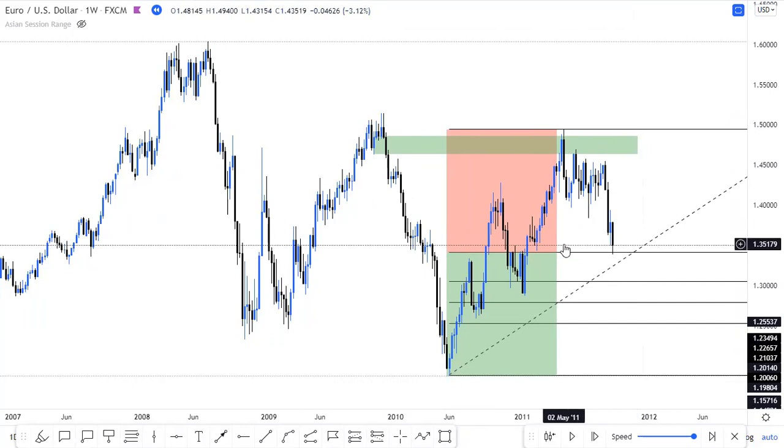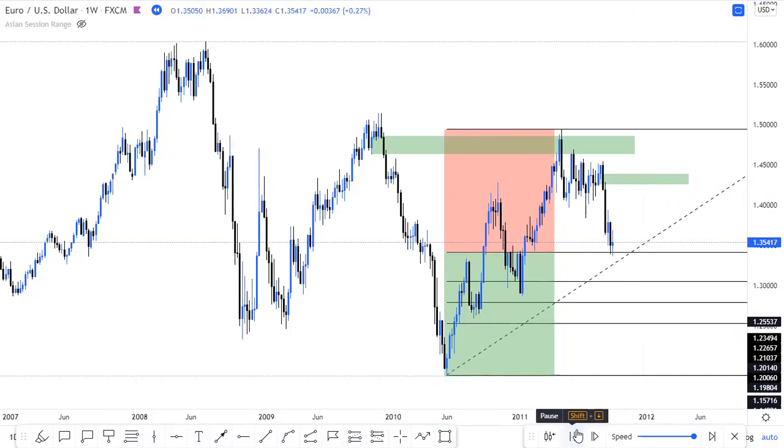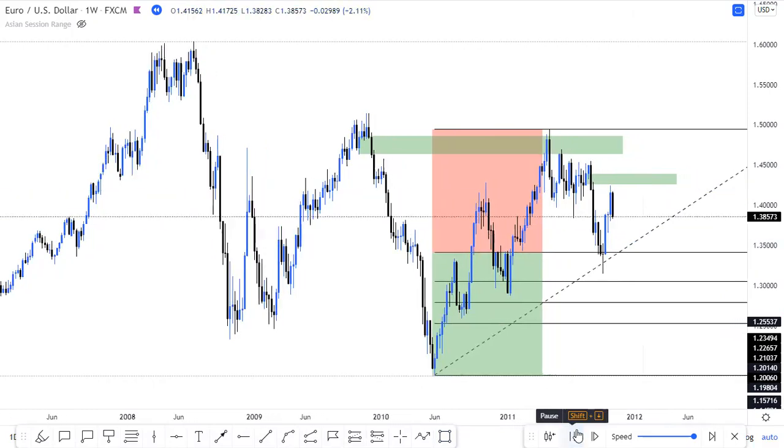So all you have to do is pick a refined order block, such as these two candles here. You mark them forward, and then when price comes back into those two candles, that is where you can start looking for entries.